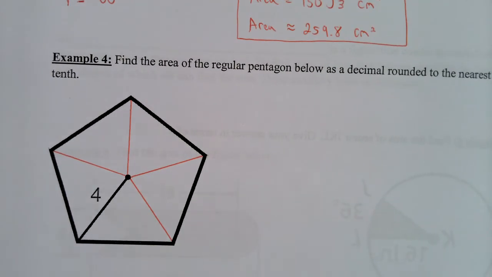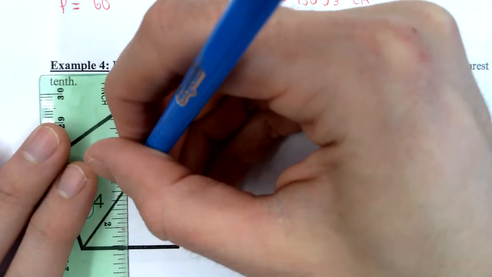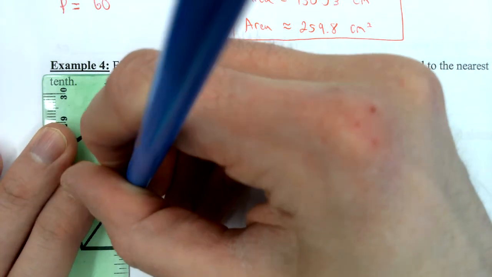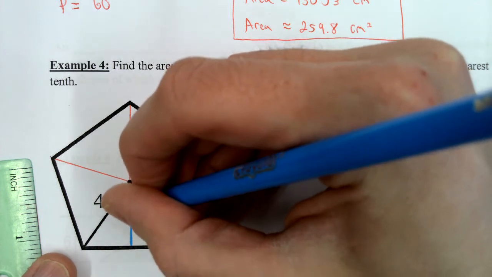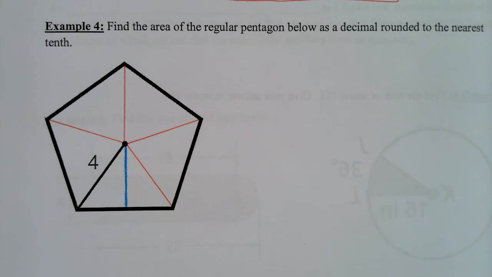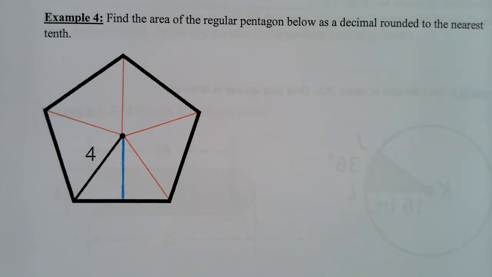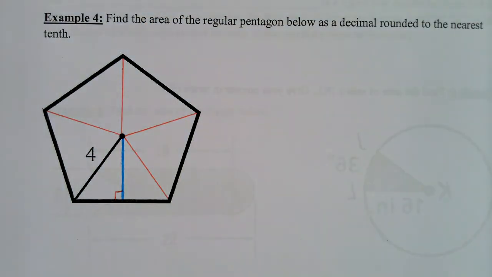There we go. Now I'm also going to draw in the apothem. So let me do that in blue so you can see it better. It's not perfect, but that's the apothem in blue. Right angle right there. Okay. Now let's find all the central angles.